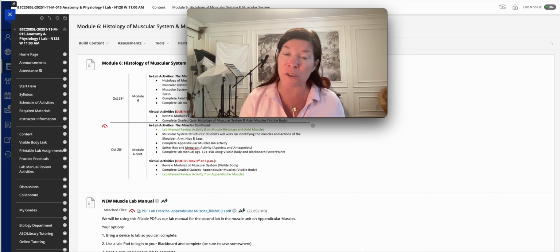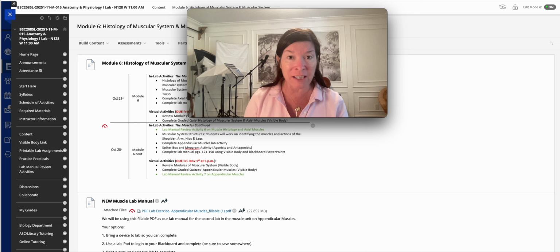And even if you're using the print edition of your lab manual, one of the things that you can do in the charts where the muscles are listed is just jot some notes down on the side where you tell yourself where you would find those muscles. Because what you'll start to notice is their location often is key to what they do.